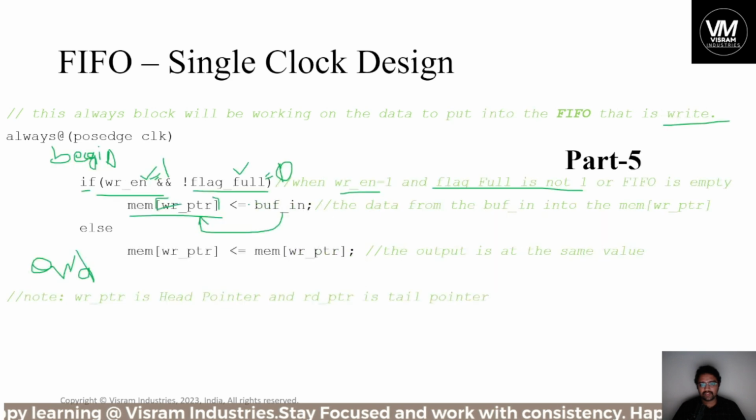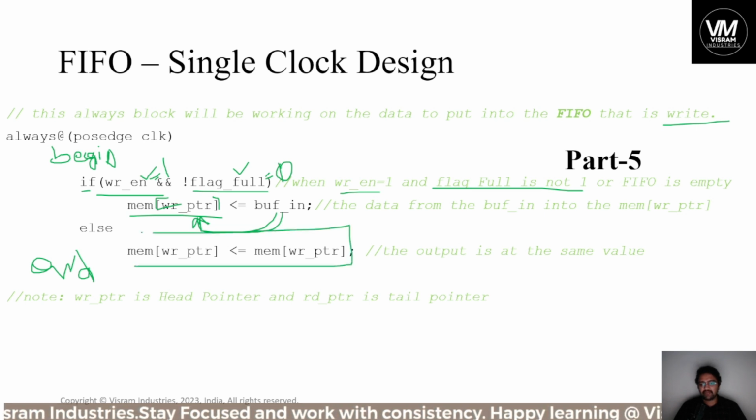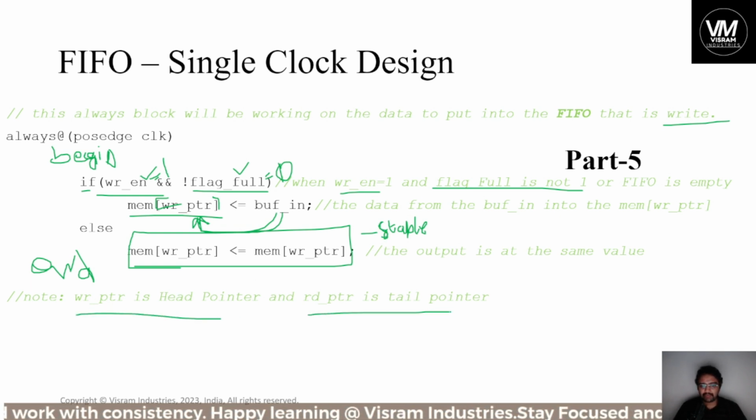Got it? Write the data into the memory. Else the write pointer with memory stays stable. Write pointer is the head pointer and read pointer is the tail pointer. Got it, guys?